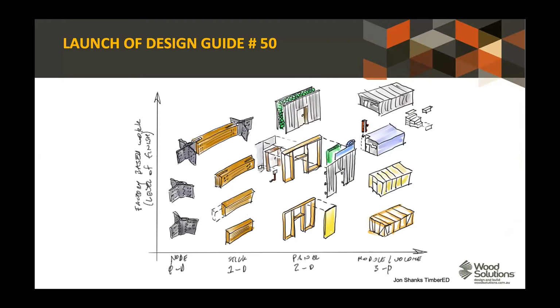So I'm just going to start with this before we go into, if you like, the detail of the engineering calculations. So if we were to consider a matrix of prefabrication, looking something like this, where on the x-axis we have prefabricated nodes and we're moving all the way along to volumetric prefabrication on the x-axis. And on the y-axis we're moving up from not much prefabrication to a completely prefabricated element.